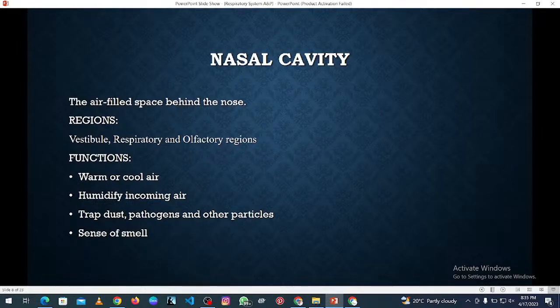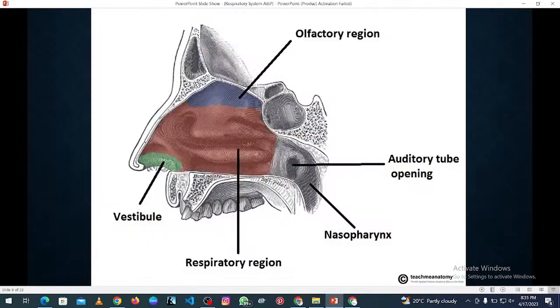So the nasal cavity, the air-filled space behind the nose, is divided into three regions. We have the vestibule region, we have the respiratory region, and as I was saying yesterday, in the respiratory region, I believe you can see where my cursor is moving, this part shaded brown.